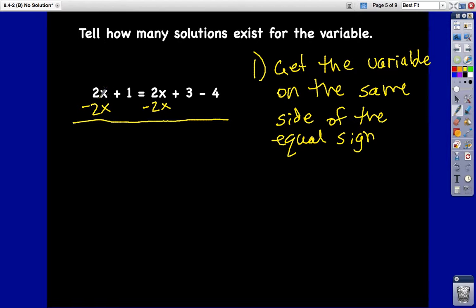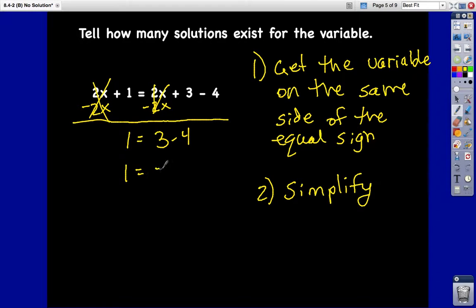I end up with nothing here, because 2x minus 2x is 0. So I end up with just 1 on the left-hand side, equaling 3 minus 4. Then I combine terms and simplify, and I end up with 1 equals negative 1, because 3 minus 4 is negative 1. This is a false statement, so because it's a false statement, I write no solution.